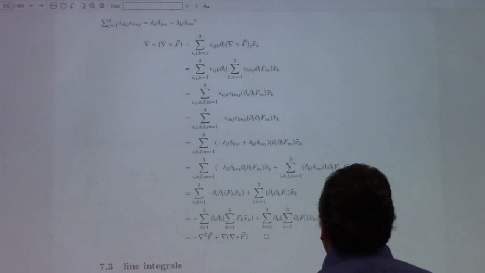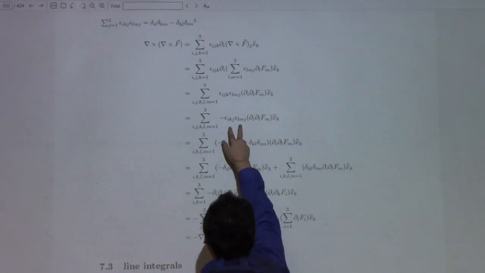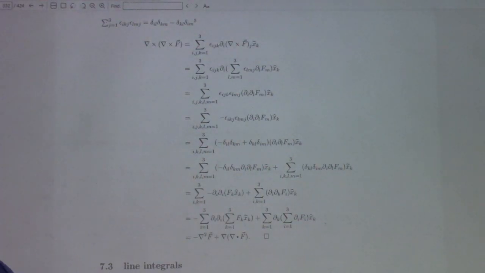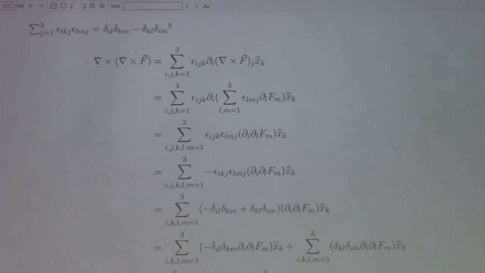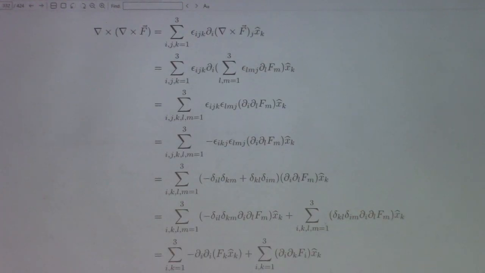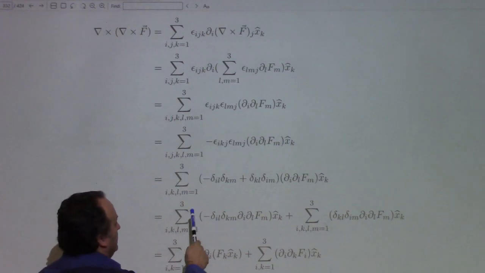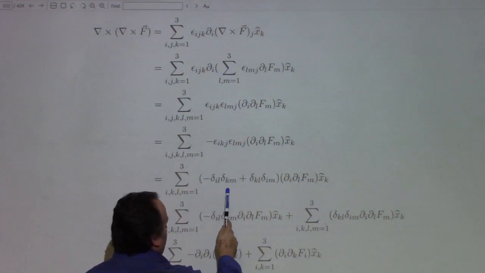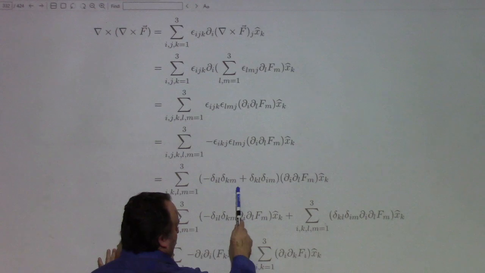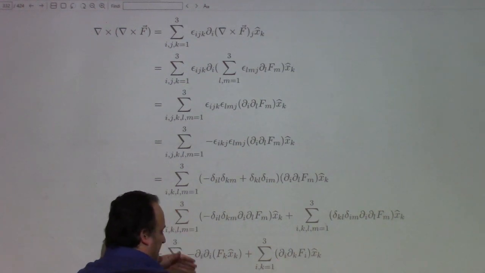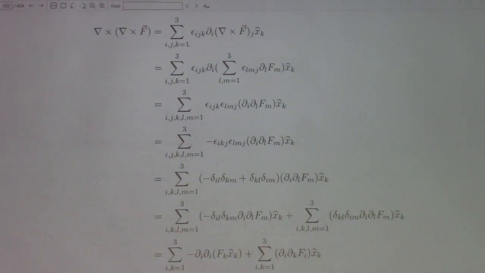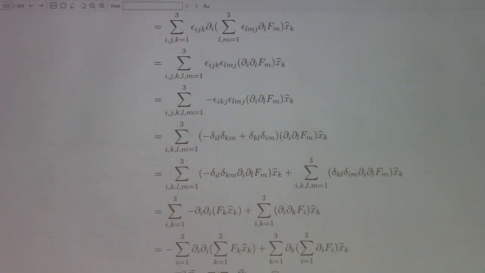So when you calculate the curl of the curl, you end up with this contraction of the epsilon symbols. And it turns out that there's an identity that you can trade the contraction of two epsilon symbols for a difference of Kronecker deltas, which gives you the two terms, which gives you the formula. But if you were to derive this without the summation notation, it'd be a couple pages.